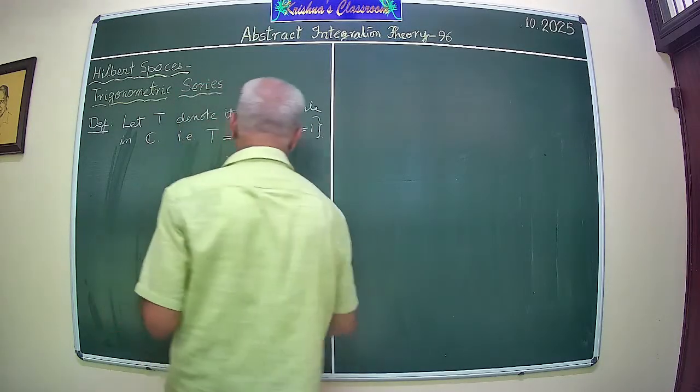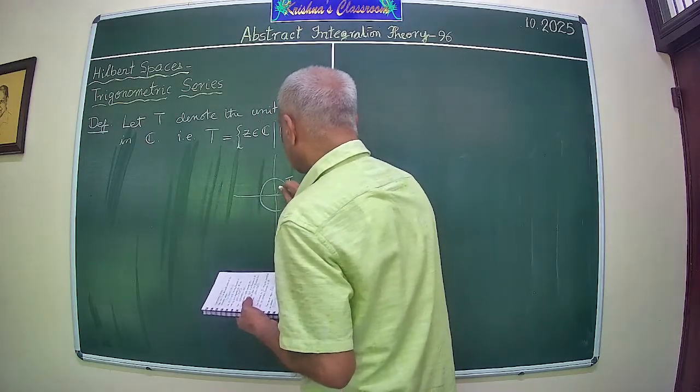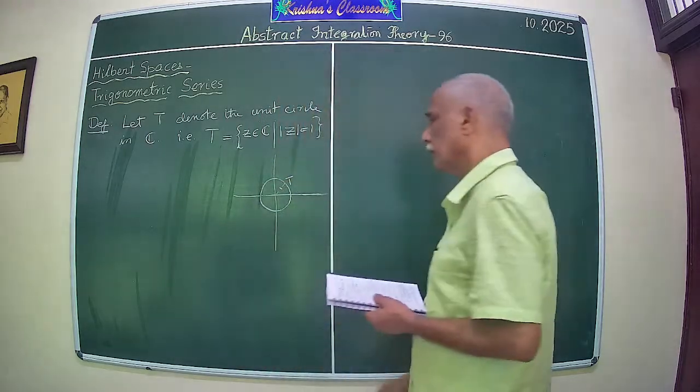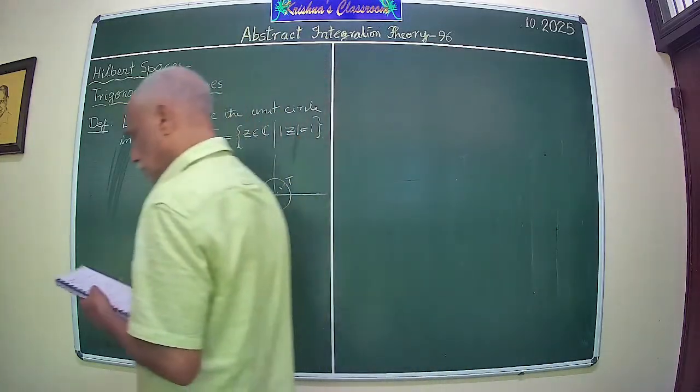This is T. Circle with center at the origin and radius 1. This is T.